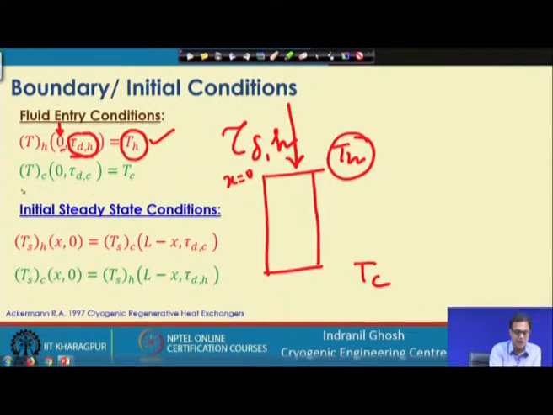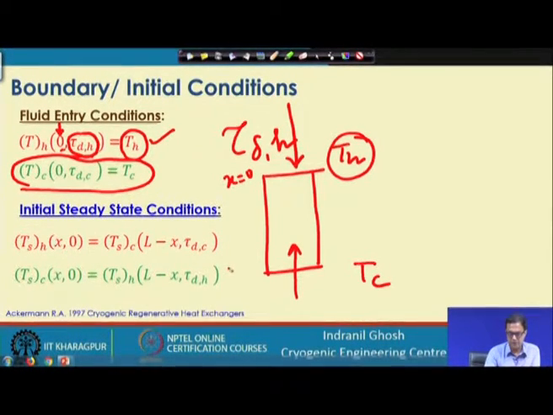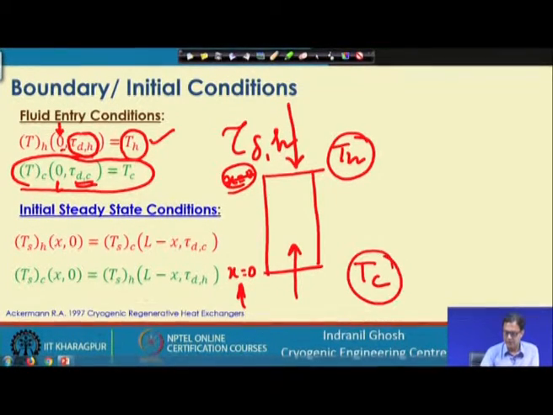So, the other condition is for the cold fluid stream when it is flowing in the other direction. So, this should be x equals L. So, for this entire dwelling time tau dC, it is entering at Tc.